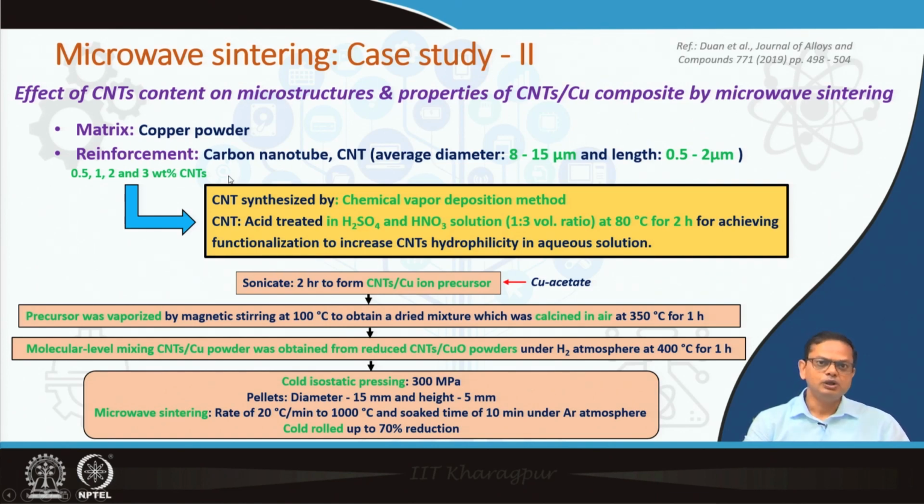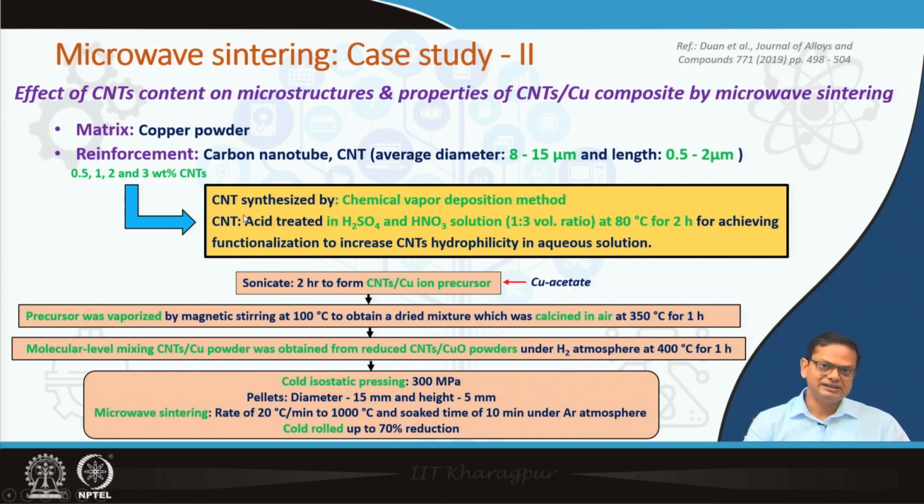So, what has been done in the processing steps? If you look at this particular case here, the CNT has been made by chemical vapor deposition. Once it has been made by chemical vapor deposition, this CNT was subjected to acid treatment.